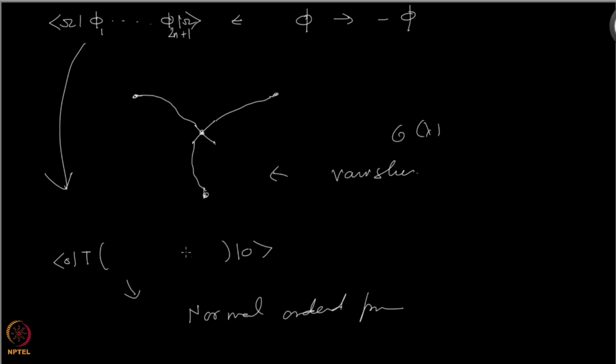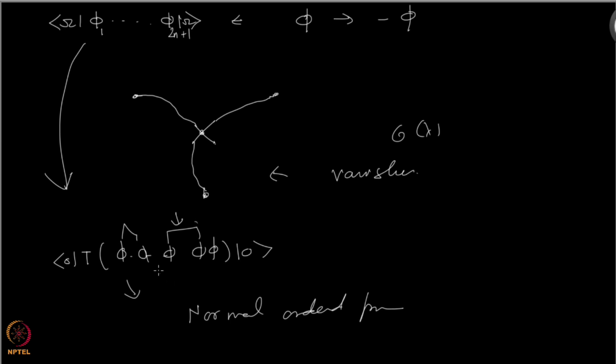We had several fields here and we were contracting them. So if you have an odd number of them, one will always remain uncontracted, and that uncontracted one will kill the vacuum. The contracted ones are complex numbers, so they were fine, but the one which is left will be an operator, and it will kill the vacuum both on the left and right, and it will give you 0.